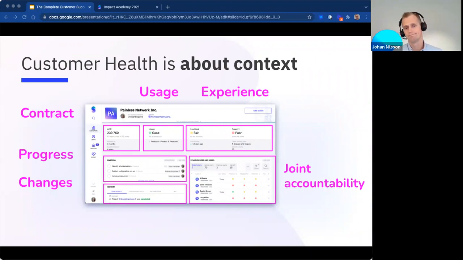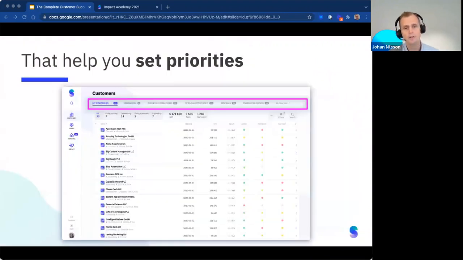So customer health is about keeping track of all this context. And why do you need to keep track of this? Because you can set priorities based on this. This can help you prioritize your week, prioritize where you should spend your time, and do the right things, of course. So a health score should be guiding you, and I think this is true in general for reports and dashboards, they should guide you to do the right things.